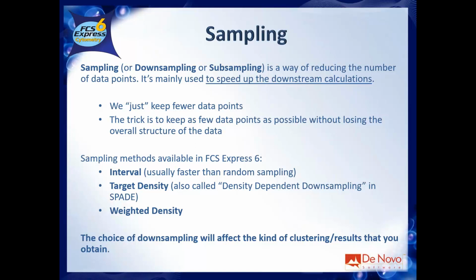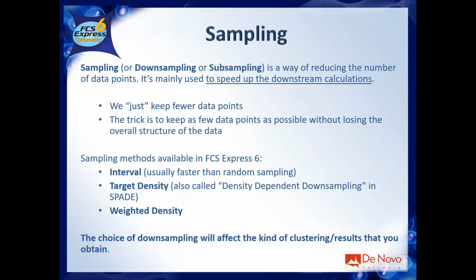Which types of sampling methods are available in FCS Express? You see here interval sampling. Interval sampling in flow cytometry usually overlaps with random sampling. Basically, interval sampling is sampling every nth cell. So let's say that you have 1000 events and you want to sample 100 events from those 1000.